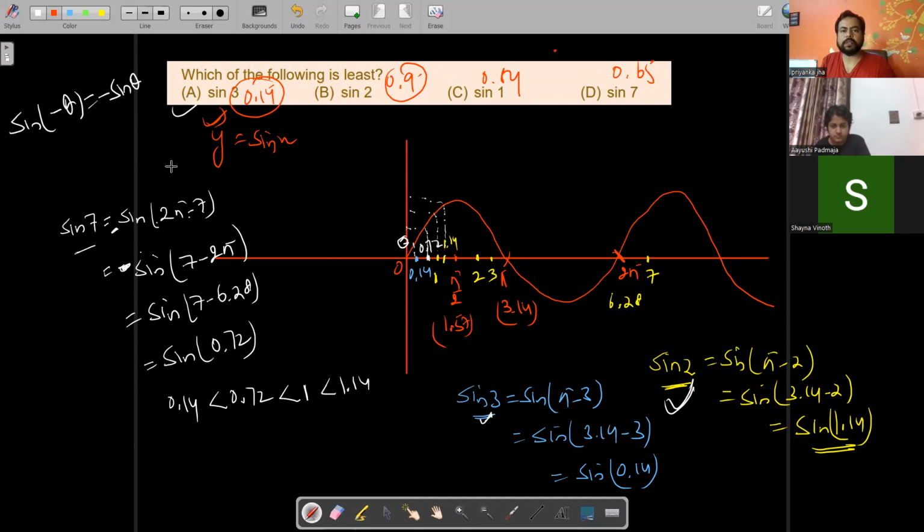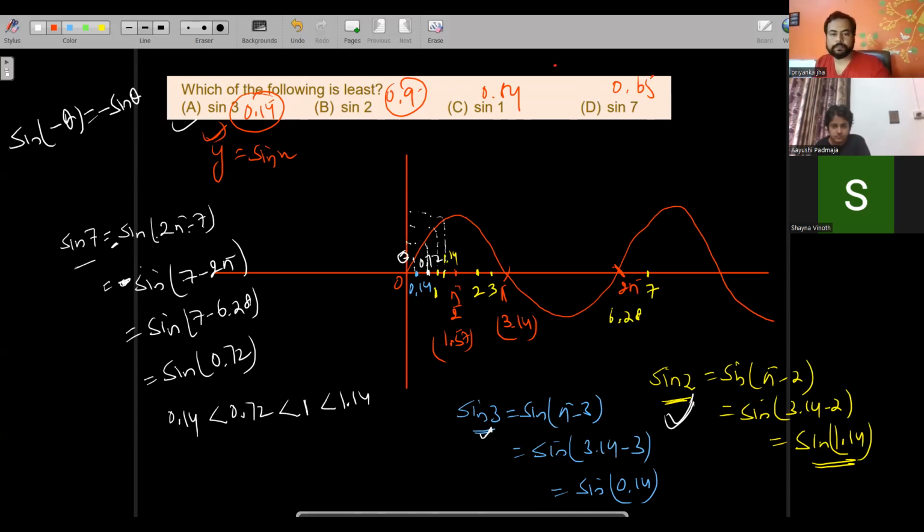So sine 3 is the least one. The answer is incorrect in the material. So the first answer is the correct one.